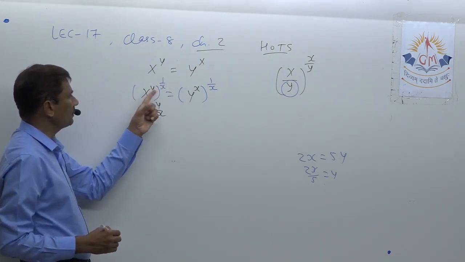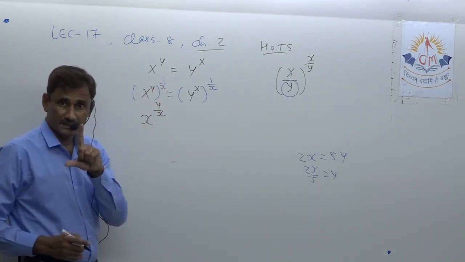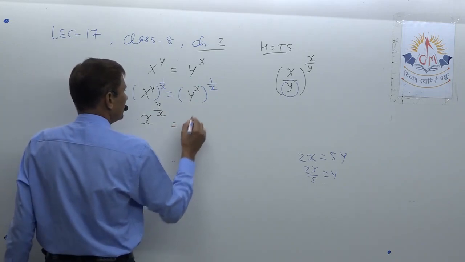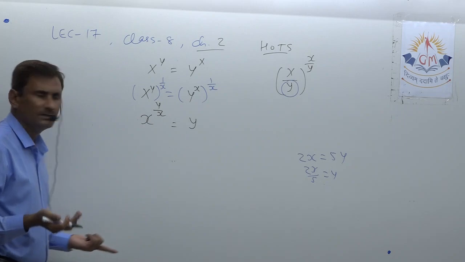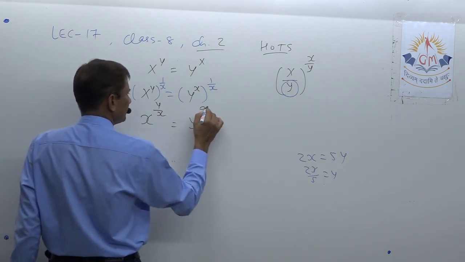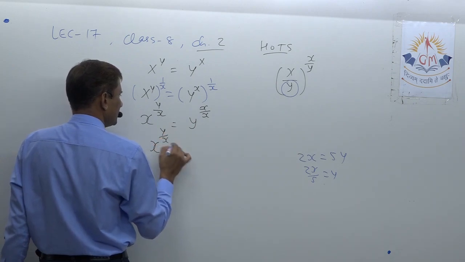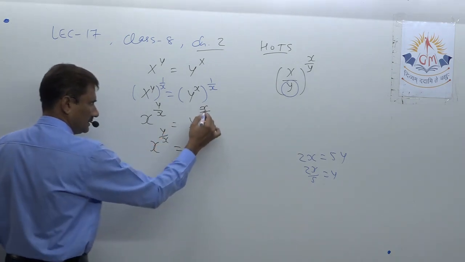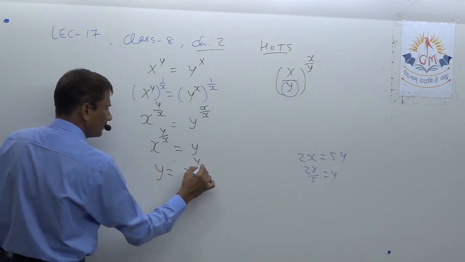The power law is: this into this. So y into 1 by x means y by x. In here, y into x by x means 1, nothing. So x raised to y by x is equal to y only. Raised to 1 means nothing. So y is equal to x raised to y by x.